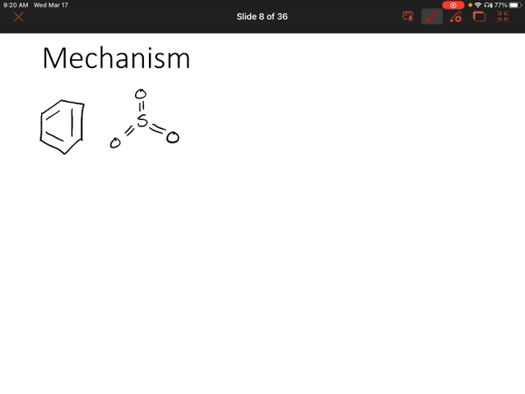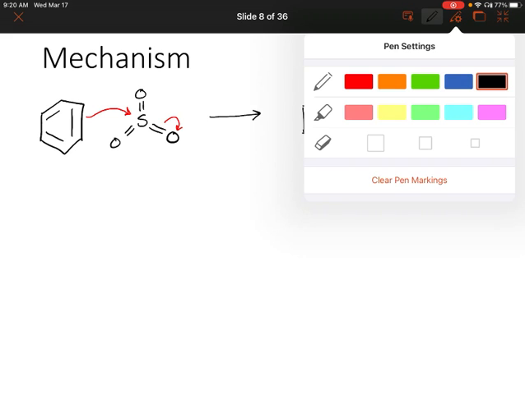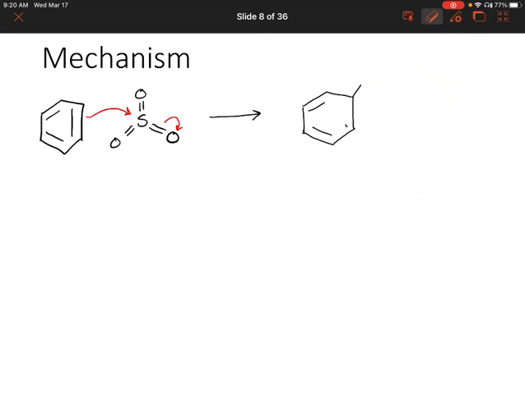And again, benzene is going to attack the electrophile. And when it does that with sulfur trioxide, we end up moving one set of pi electrons over to an oxygen. Oh, I'm so used to drawing benzene, I forget that the intermediate doesn't have all 3 bonds there.